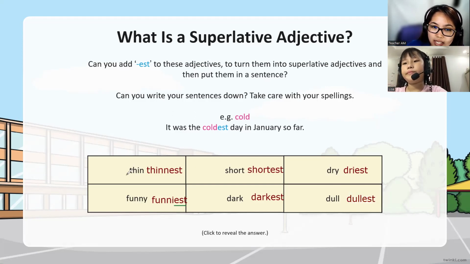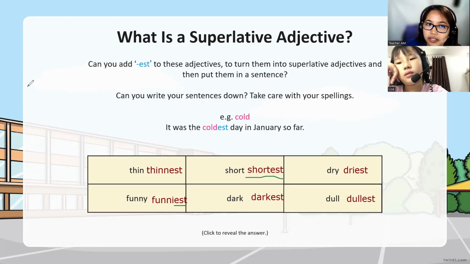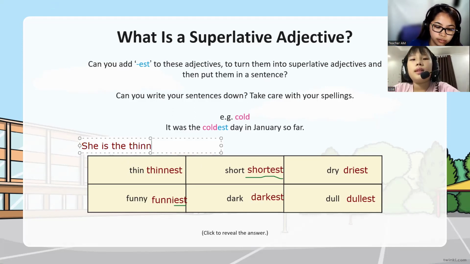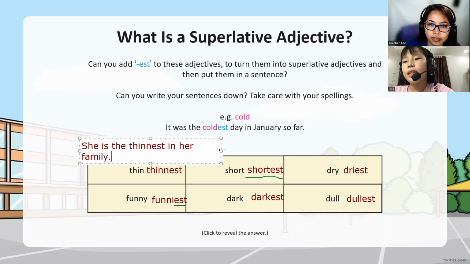My sentence is: she is the thinnest in her family. What's your sentence? You start with shortest. I am the shortest in my family.